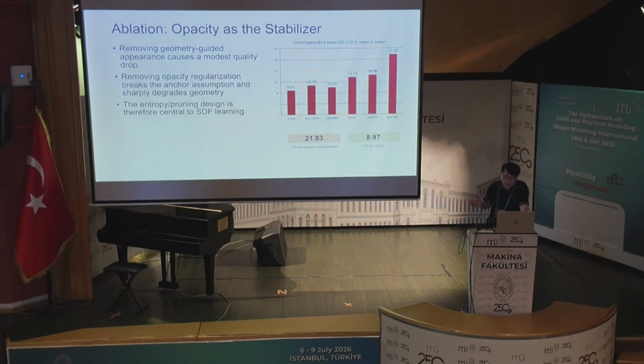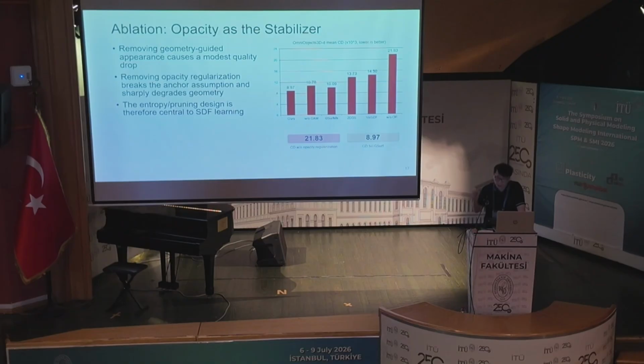This ablation slide shows why opacity regularization is critical. If we remove geometry-guided appearance, this only causes a modest quality drop. But if we remove opacity regularization, we see a significant quality degradation.